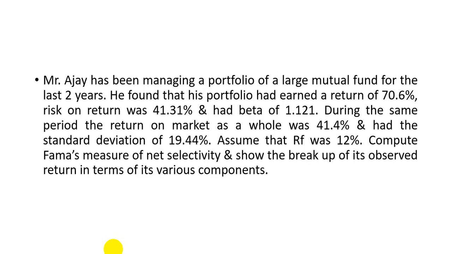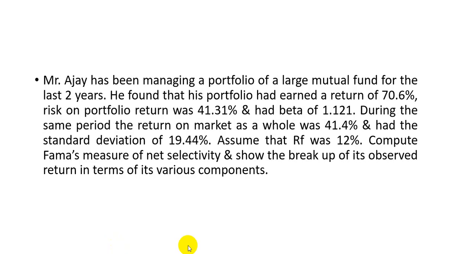So beta has been given as 1.21. During the same period, the return on market as a whole, okay, 41.31 is your standard deviation on market as such. That is also required, isn't it? Standard deviation of a portfolio.